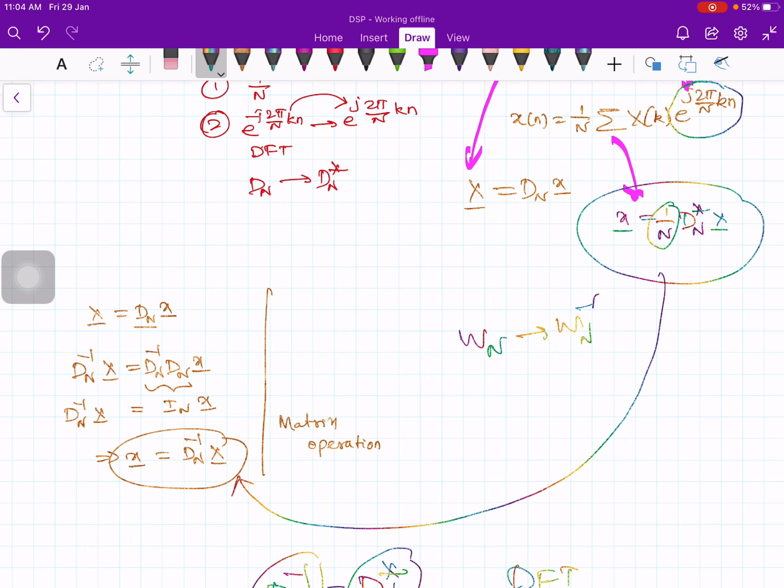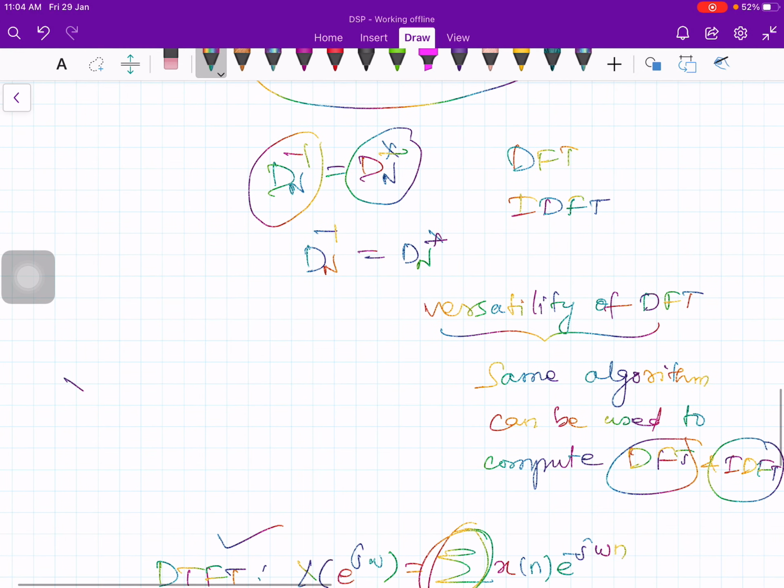So this matrix representation is very important. Although it looks like only a mathematical representation, we showed that capital X bar is simply dn times small x bar, where dn is an N by N square matrix. X bar is equal to dn times x bar. This is a square matrix.